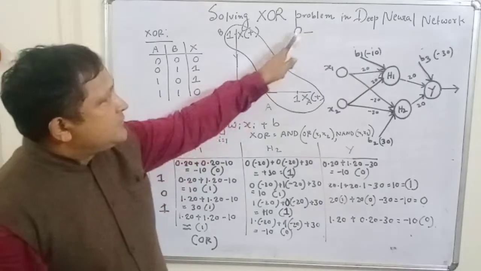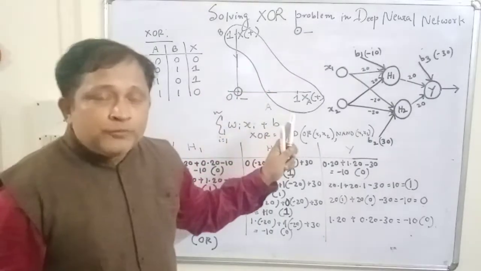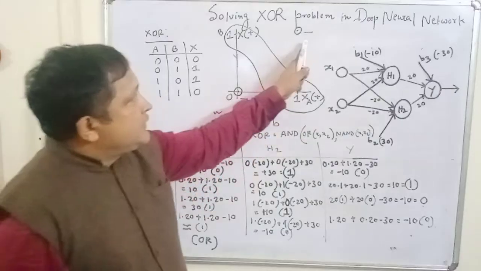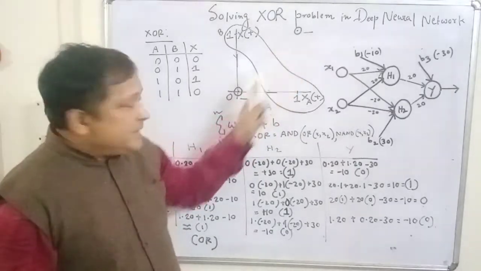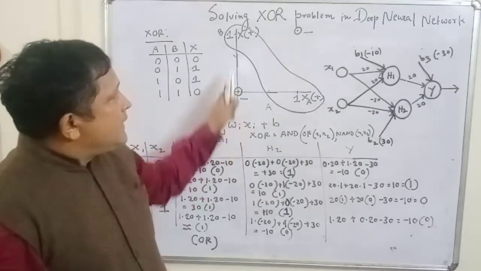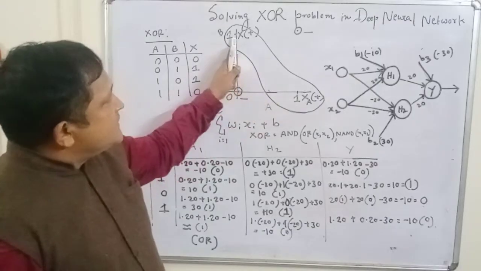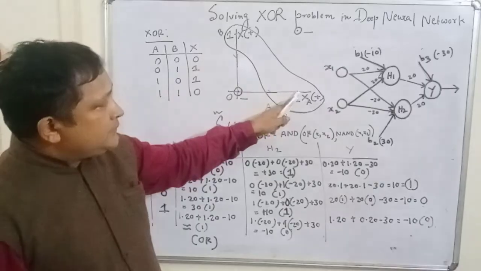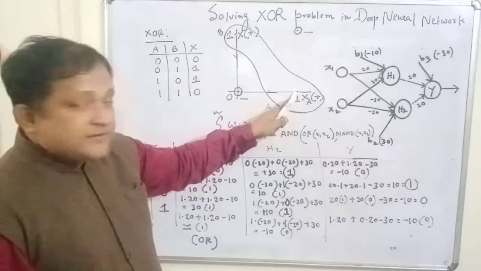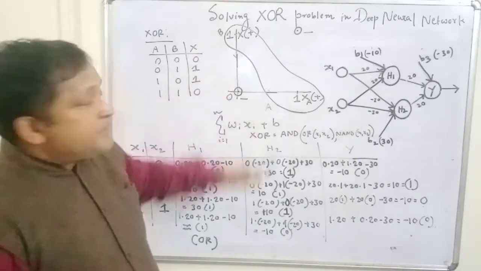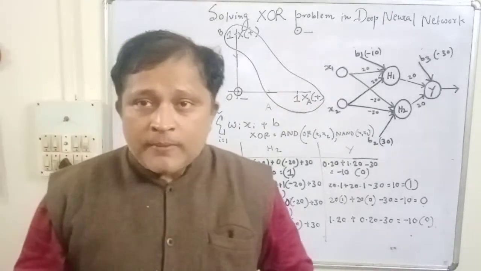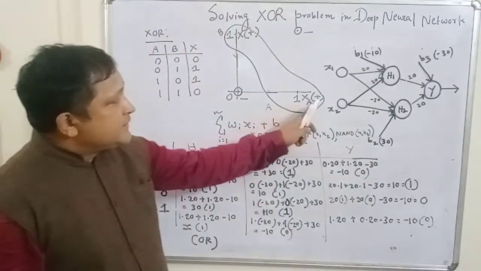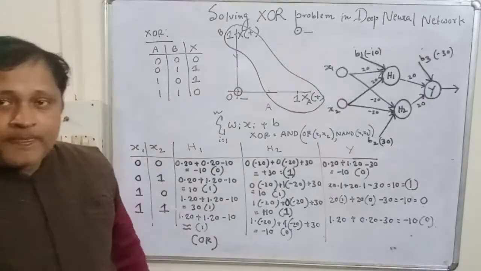These O's represent the points where the output is 0, denoted by a negative or minus sign. And the points on the x and y axis, marked as 1, have a value 1; these points represent the output 1, and are represented by a positive or plus sign.